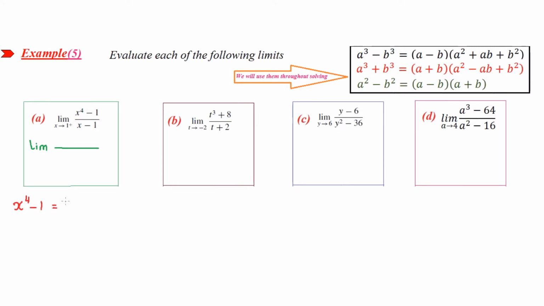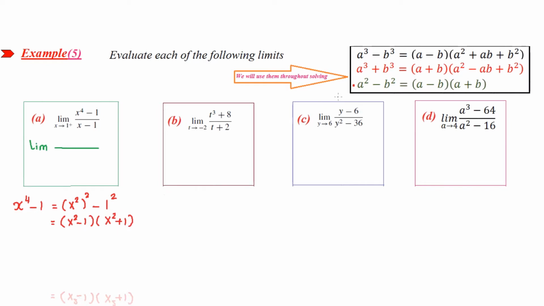We can write it as x square minus 1 square. Then you can use difference between two squares, a square minus b square. So it will be x square minus 1 times x square plus 1.